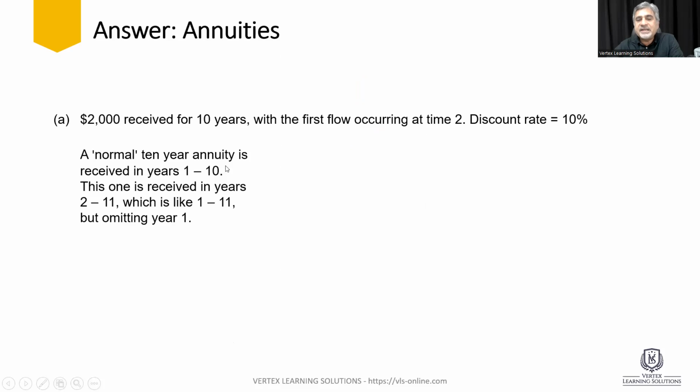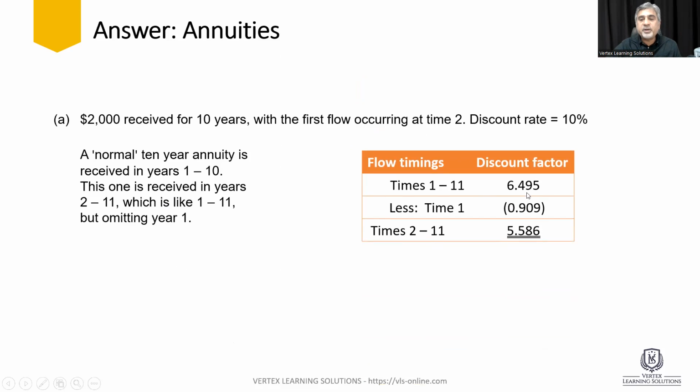A normal 10-year annuity is received in years 1 to 10. This one is received in years 2 to 11, which is like 1 to 11 by omitting year 1. Your annuity table will not show you 2 to 11. When you go to the annuity table in year number 11, it is giving you some number. Let's suppose the number is 6.495.